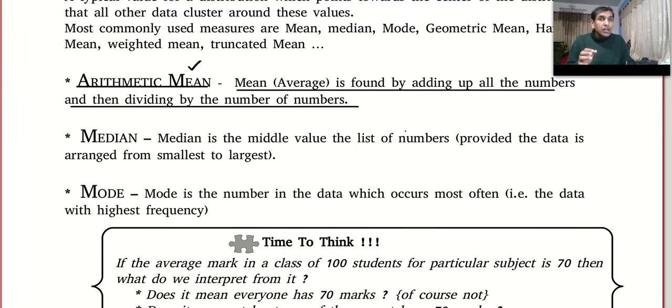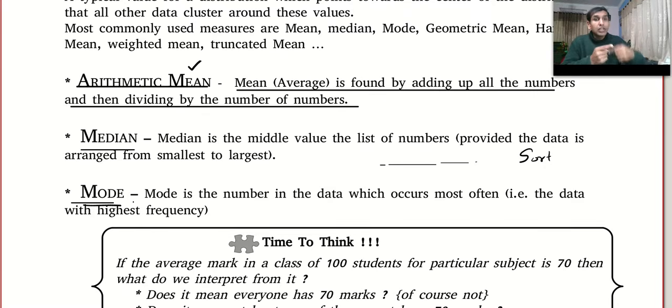If you want to calculate the median, you arrange the numbers in ascending order and choose the one in the middle. That means you're dividing the data into two equal parts. And mode. Mode means the most repeated value.